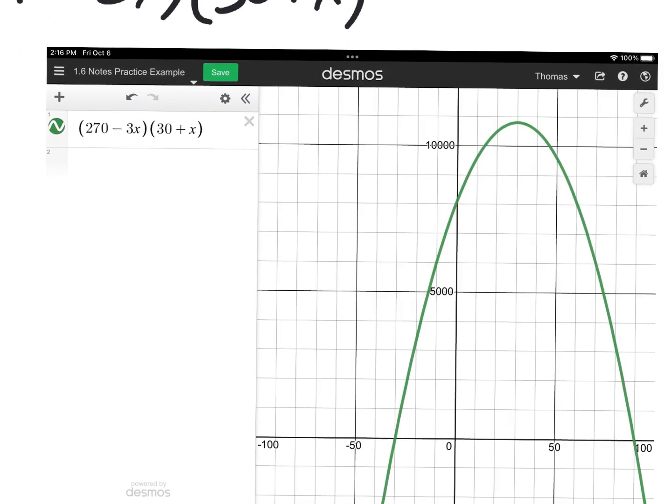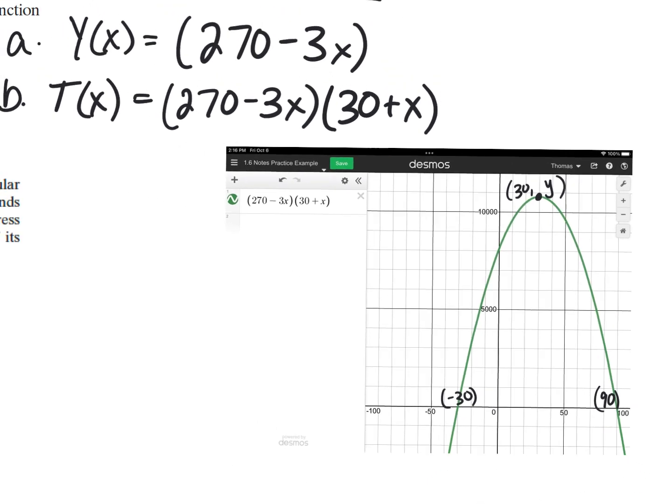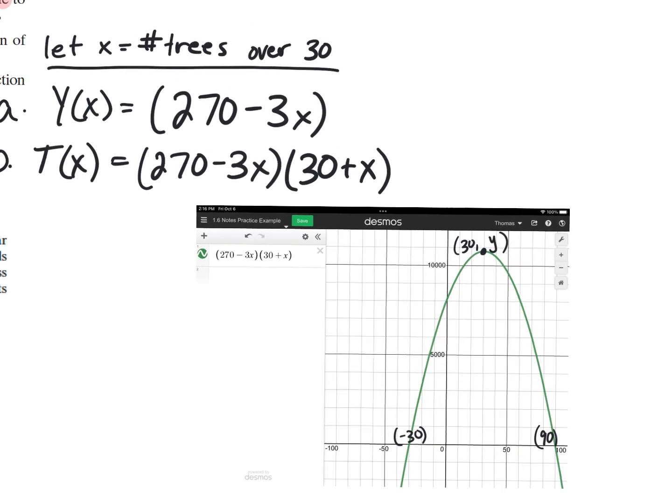If we were to find the maximum value of this function right here, it will exist halfway between 90, our rightmost x-intercept, and negative 30, our left x-intercept. So the x value here will be 30, and the y value, I don't have it exactly, somewhere above 10,000 there. But what I wanted to show the graph for is what we need to be able to do.